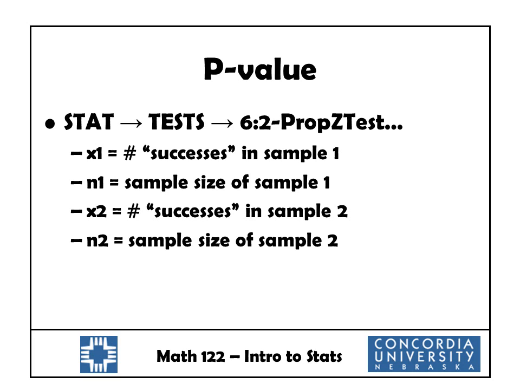Now x1 and n1 have to correspond to the population that we defined in P1. P1 deals with people given echinacea, so x1 will be the number of successes in sample 1. A success here, remember, means simply we observed whatever it is we were interested in.